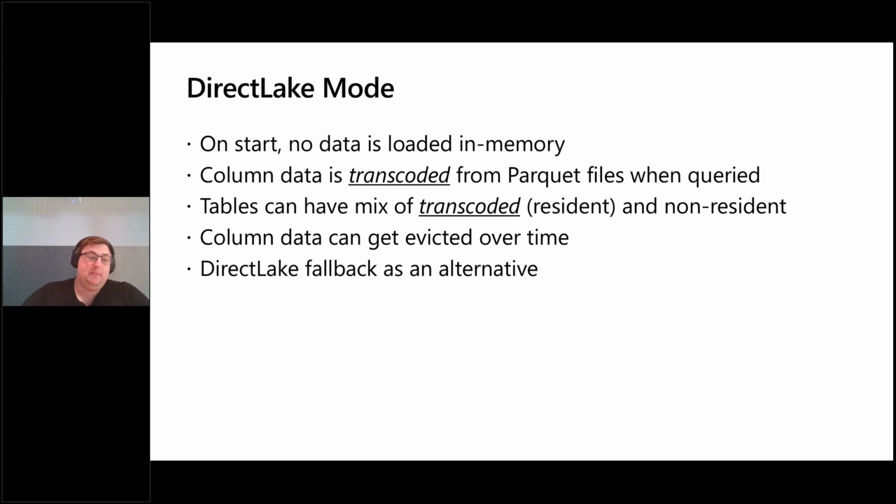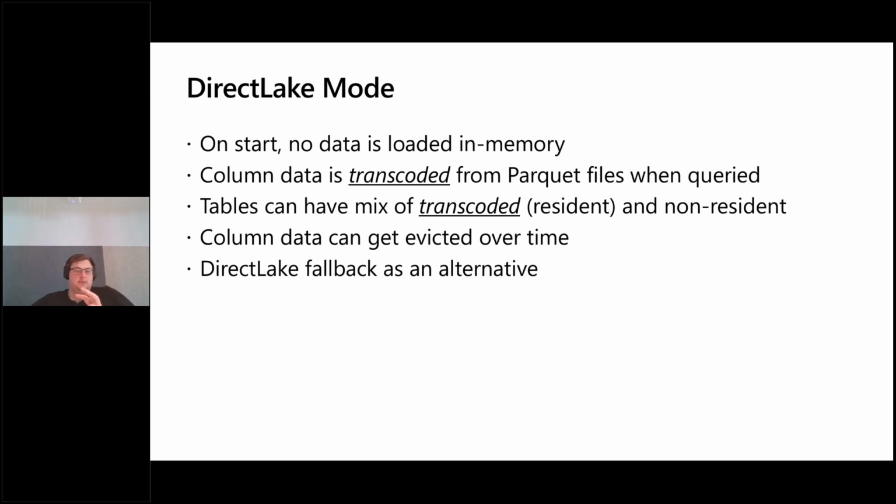But we also have something called Direct Lake fallback, which is very important and something you really need to understand. Direct Lake mode, as I said, goes directly into the lake and only loads the columns you need into memory. The fallback mechanism does a fallback to DirectQuery.